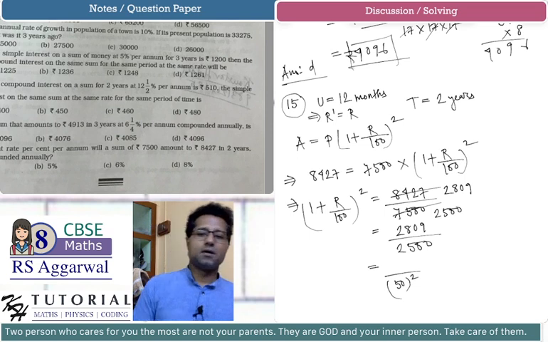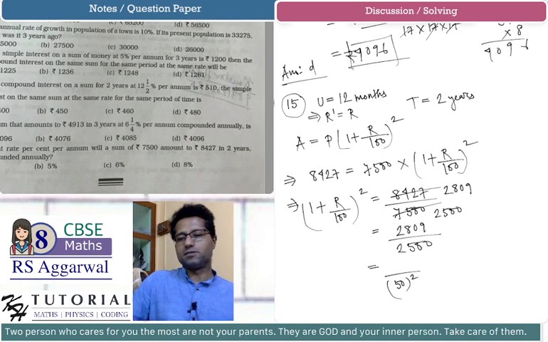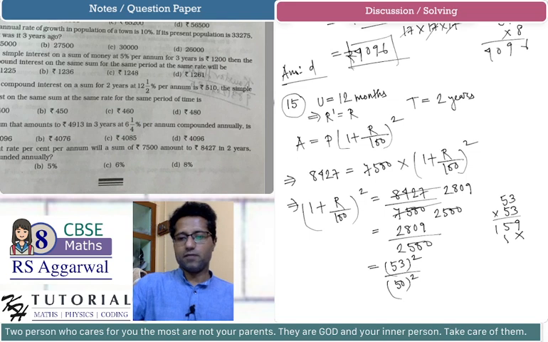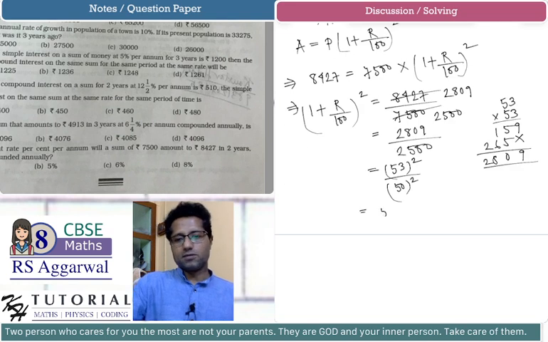Since the denominator is 50, there is a possibility that the numerator is 53 square. It can be 57 also, but most probably it is 53. Let's check that out. 53 multiplied by 53 is 2809. Okay, so this is 53 by 50 square.